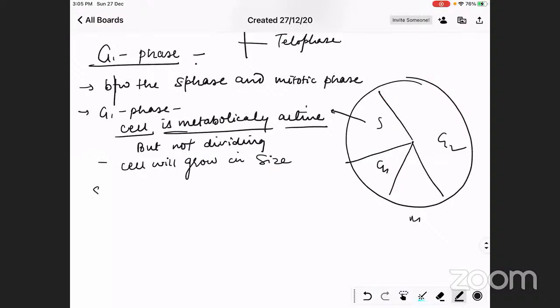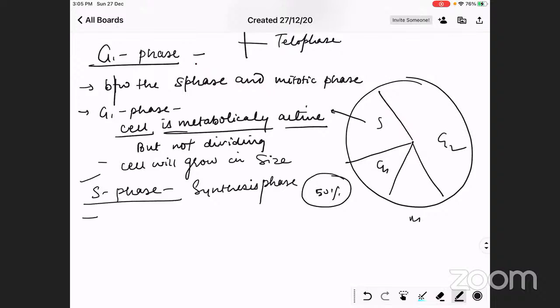Next is the S phase. S phase is also known as the synthesis phase. The synthesis phase is most important for the NEET exam. They will ask 50% of questions from this phase. In the S phase, there is synthesis of DNA material. Now please remember one most important thing.